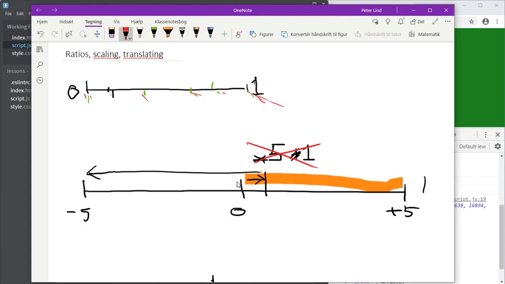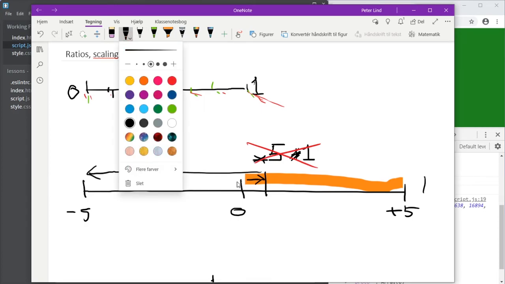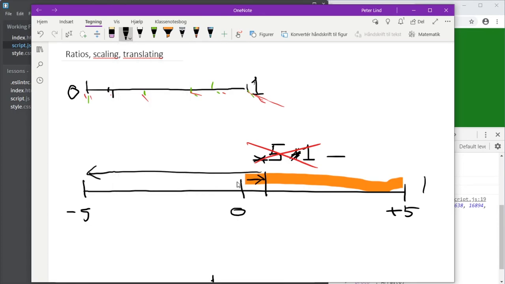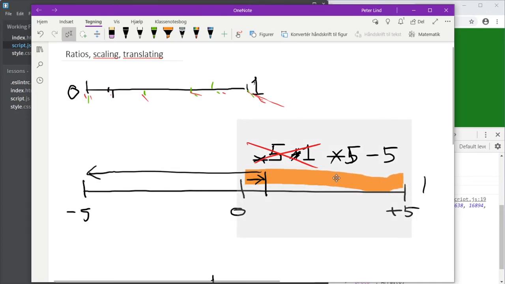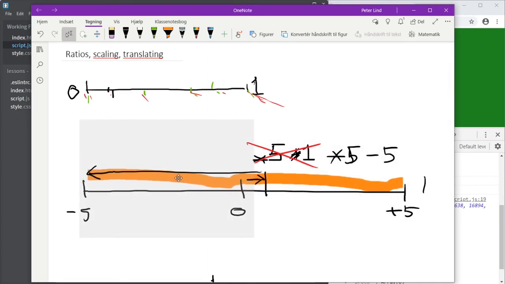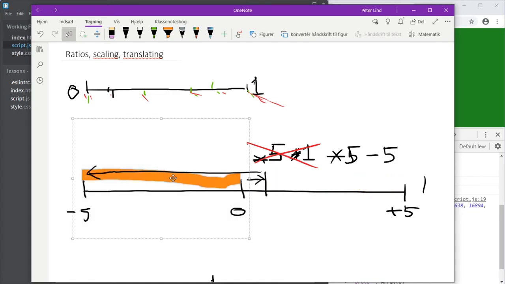X that out, and then say, okay, so we still multiply by 5, and then we subtract 5. So multiplying by 5 would give us this portion here, but then we would shift it downwards, so it would be there.